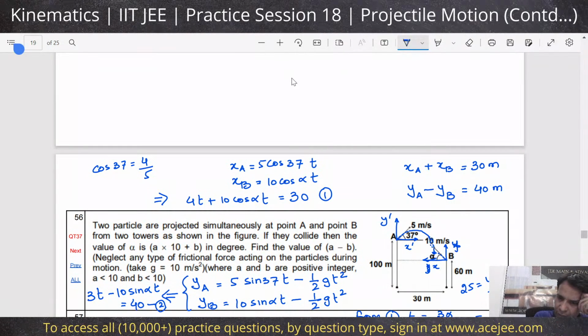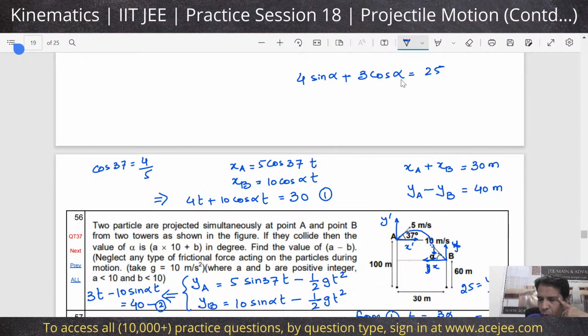So 4 sine alpha plus 3 cos alpha is equal to 25. Is that what you have, or did you have 40 sine alpha plus 30 cos alpha equals 25? No, so 4 and 3 only.